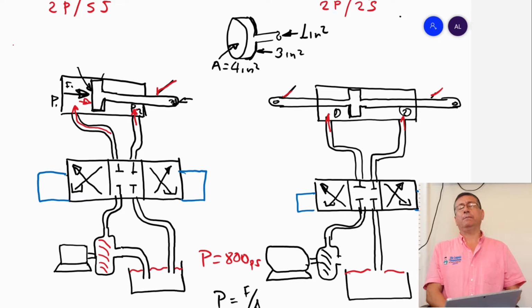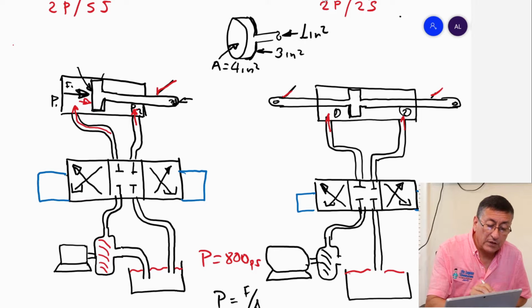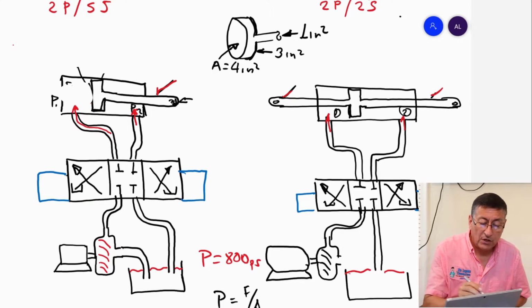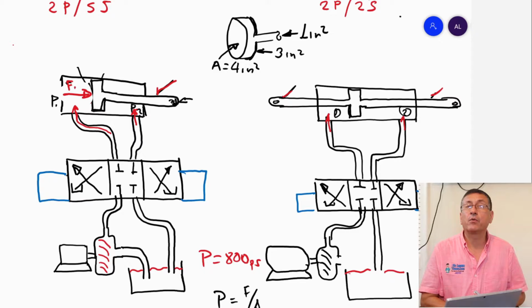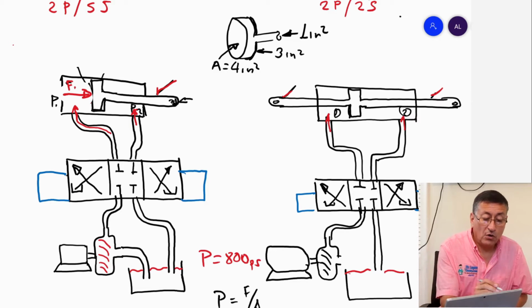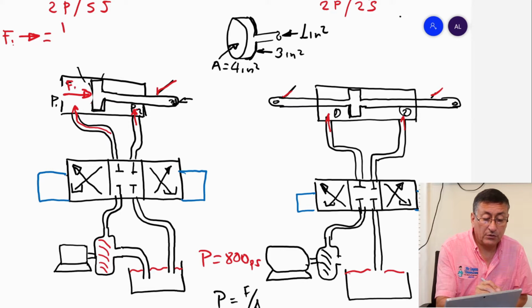Right? All right, perfect. We are going to analyze how much the force is. How much is the force when the fluid enters here and produces force number 1? This is force number 1 in this direction. Force number 1 is equal to the pressure divided by the area number 1.